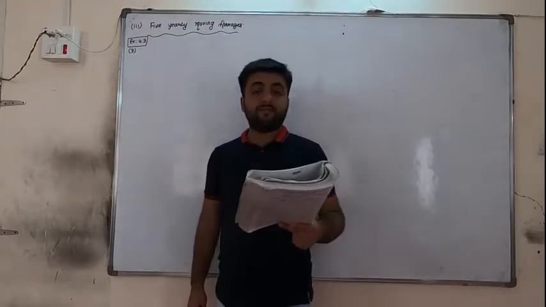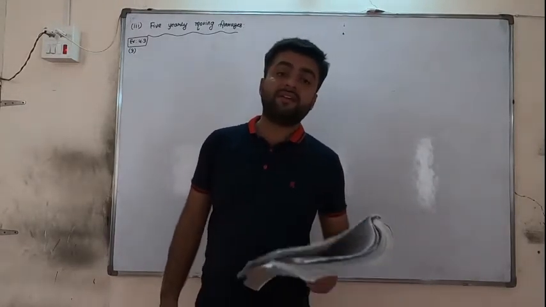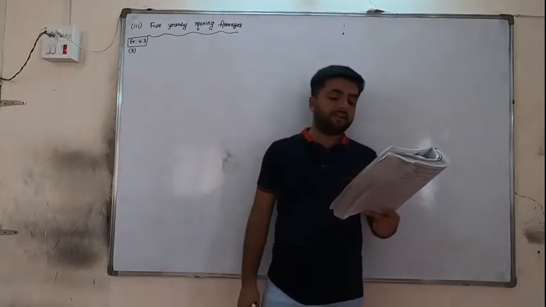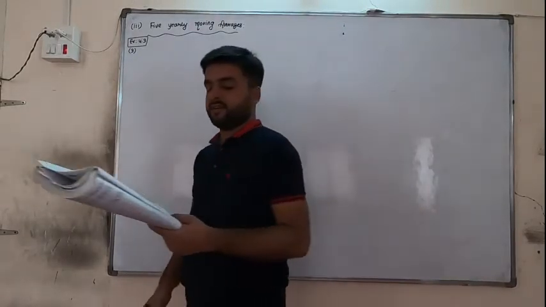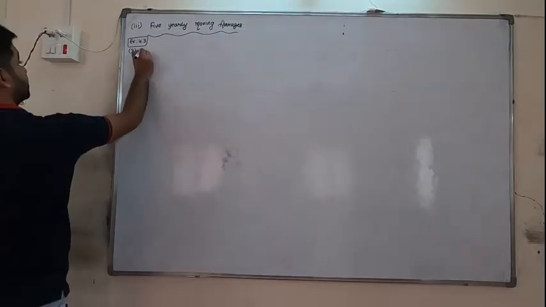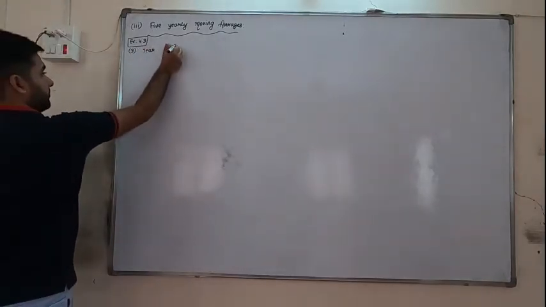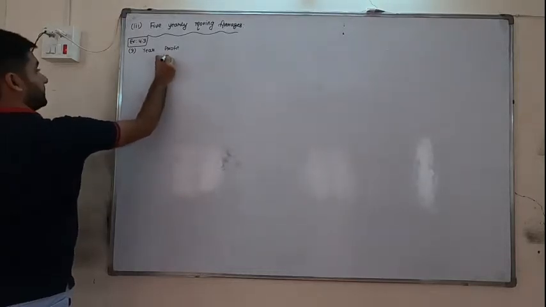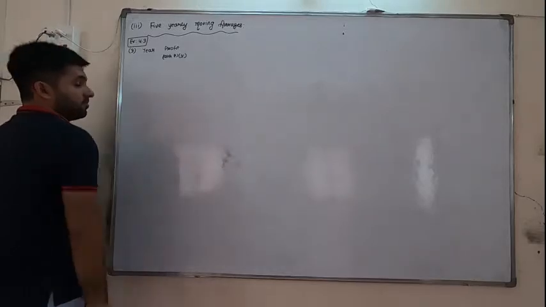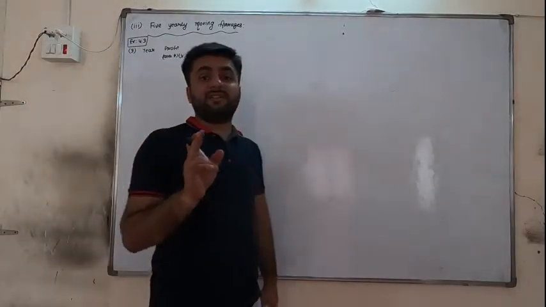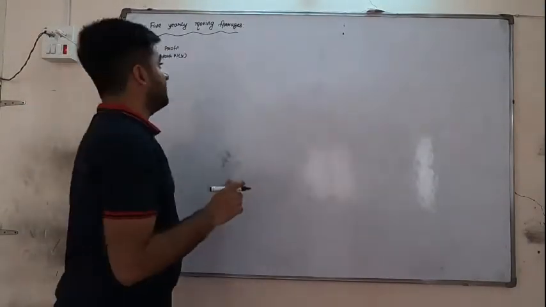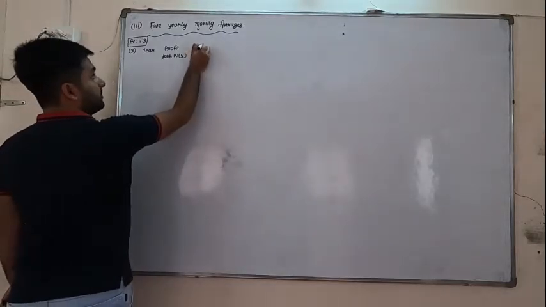Find the trend using 5 yearly moving average from the following data of profit of trader in different years. Year, profit in lakh rupees, that is Y. Now name of columns: for 3 yearly moving total, here it will be 5 yearly moving total.